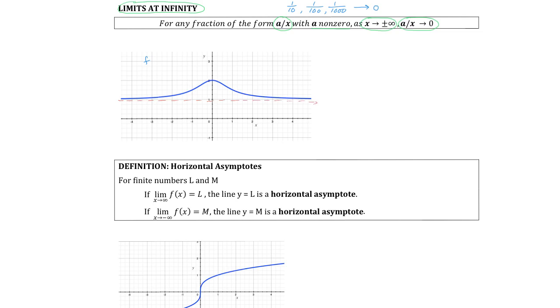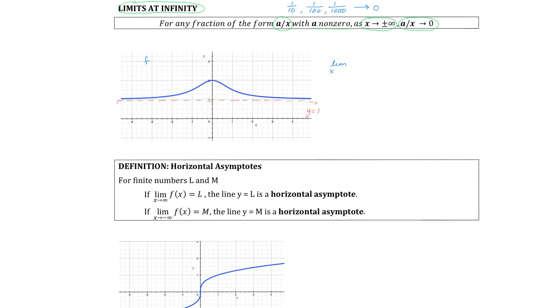So this is just a horizontal line, and in our case it's y equal to 1. The ends of our graph are going to approach it. We don't really care what's going on in the middle of the graph, just at the ends. So we can describe these horizontal asymptotes using limits.